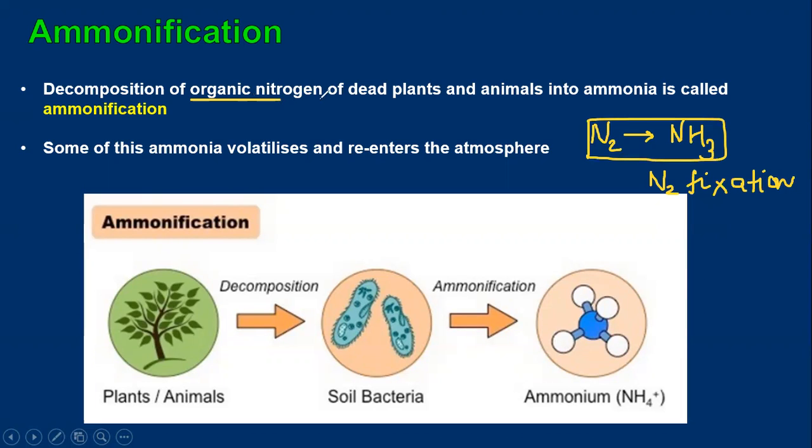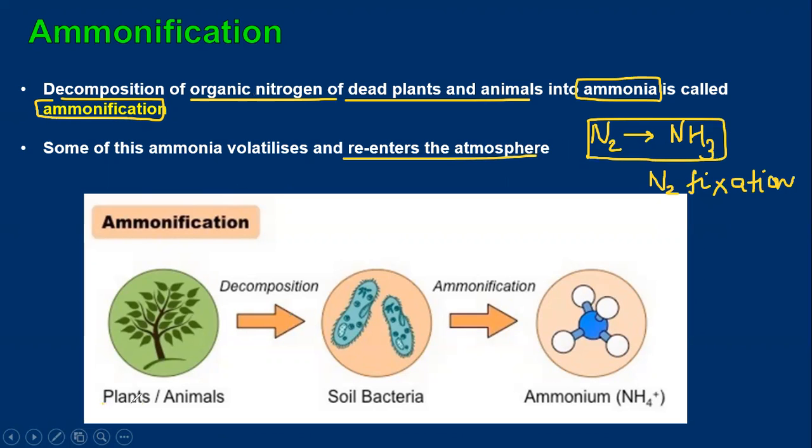Decomposition of organic nitrogen of dead plants and animals into ammonia. The conversion of the organic nitrogen of dead plants and animals into ammonia is called ammonification, whereas some of it re-enters the atmosphere itself.